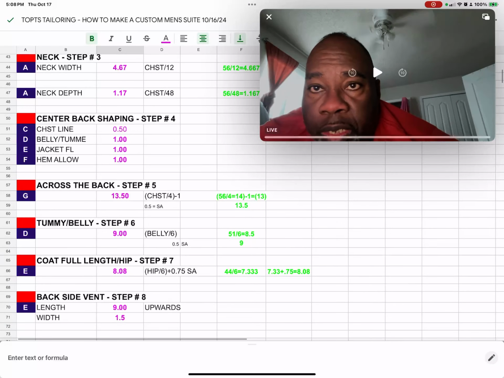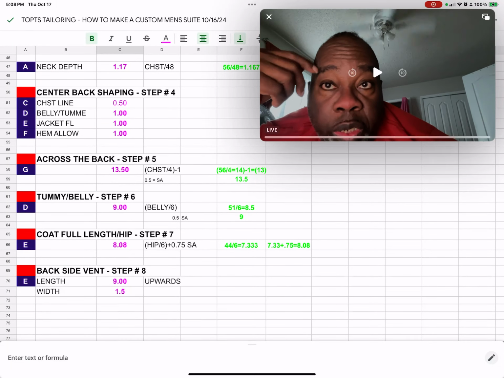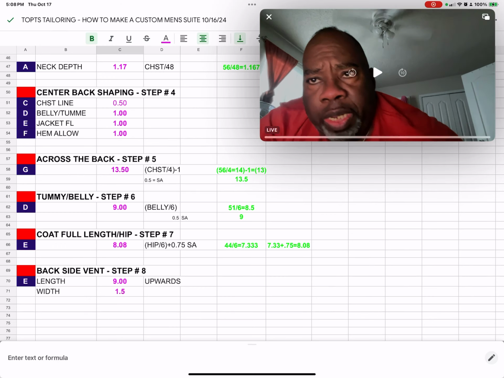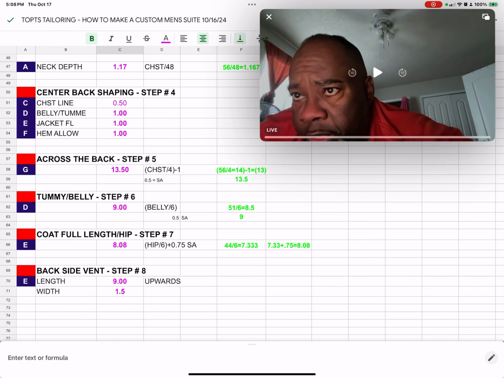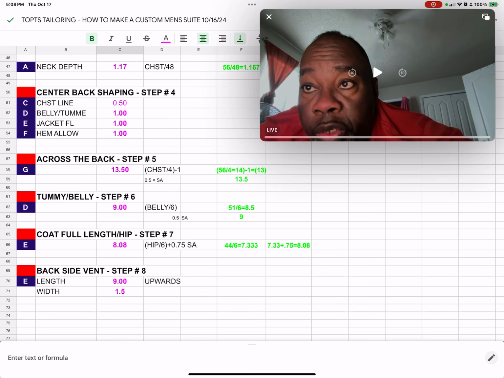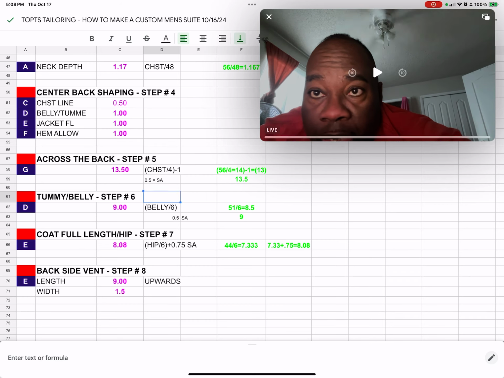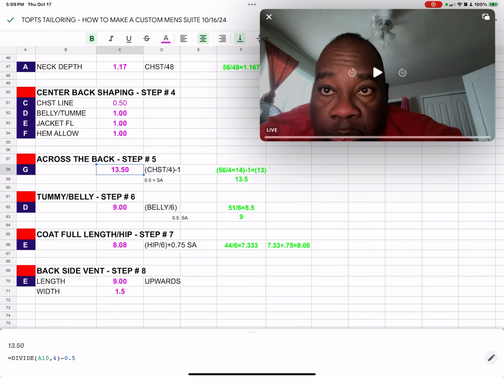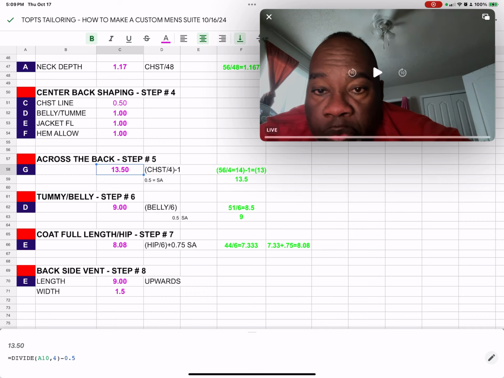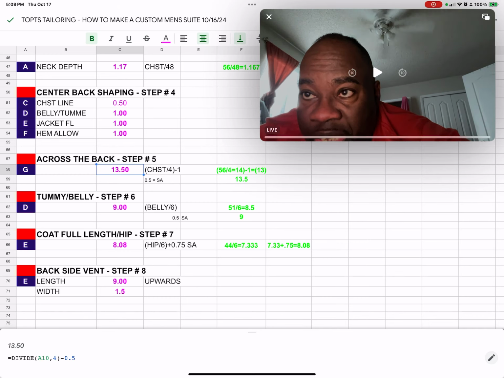Then you've got the across the back, which I didn't quite understand in your document, but I followed your spreadsheet and the calculations to the best of my knowledge. It says it's the chest divided by 4. In my case, A10, which is my 56 divided by 4, gave me 14.